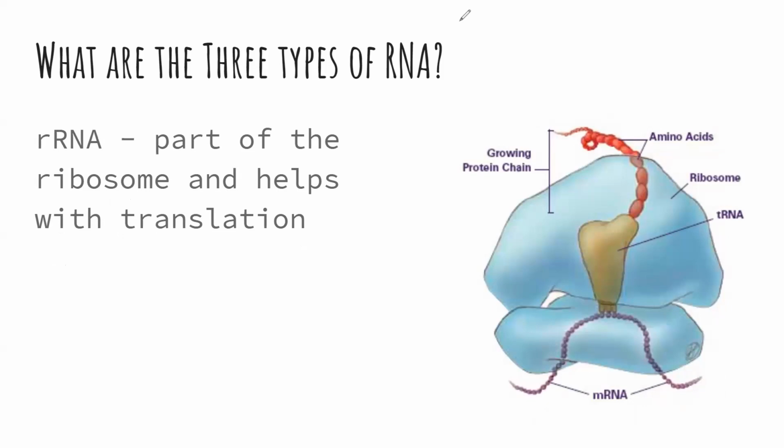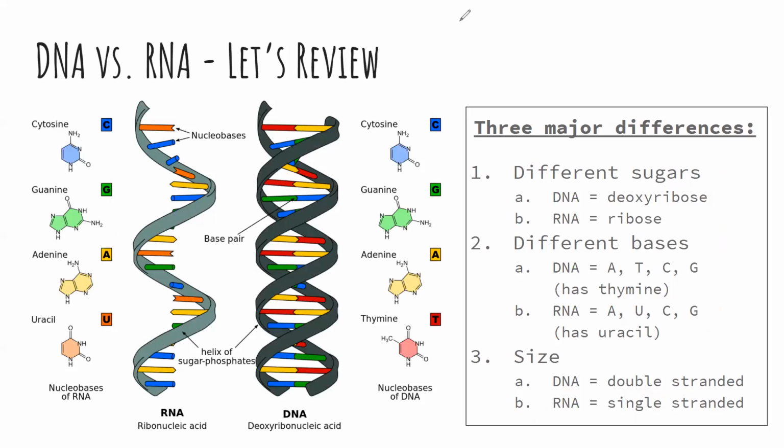So let's recap. Let's review. There are three major differences between DNA and RNA. Deoxyribonucleic acid and ribonucleic acid have three major differences. The first difference is their sugars. DNA has deoxyribose sugar in its nucleotides, whereas RNA has ribose sugar in its nucleotides.